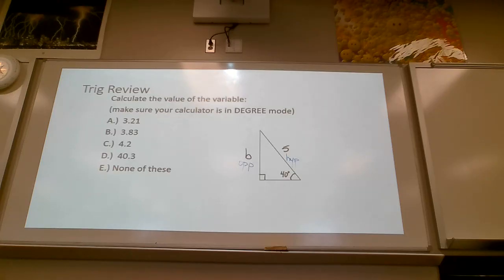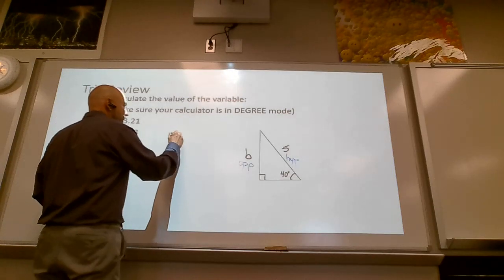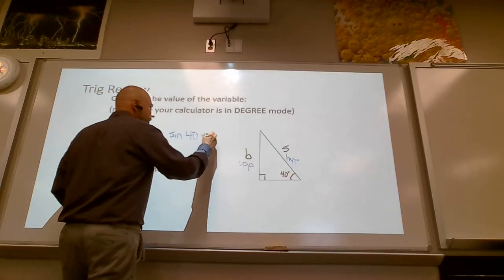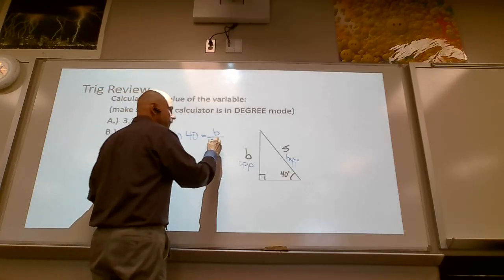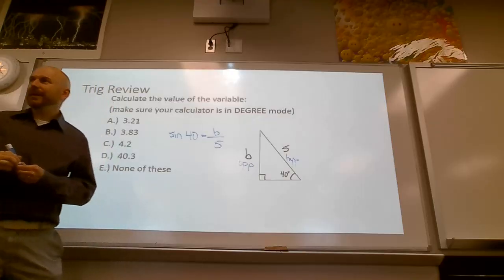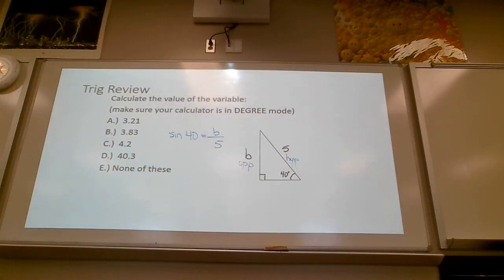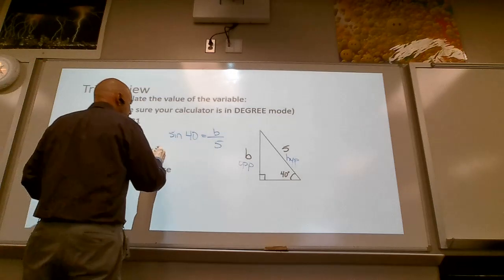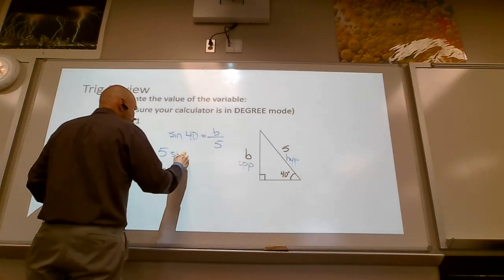Sine, because that has opposite and hypotenuse. So I am going to go sine of 40 is equal to B over 5. Yes? Okay. So we're going to bring over 5 times sine of 40.